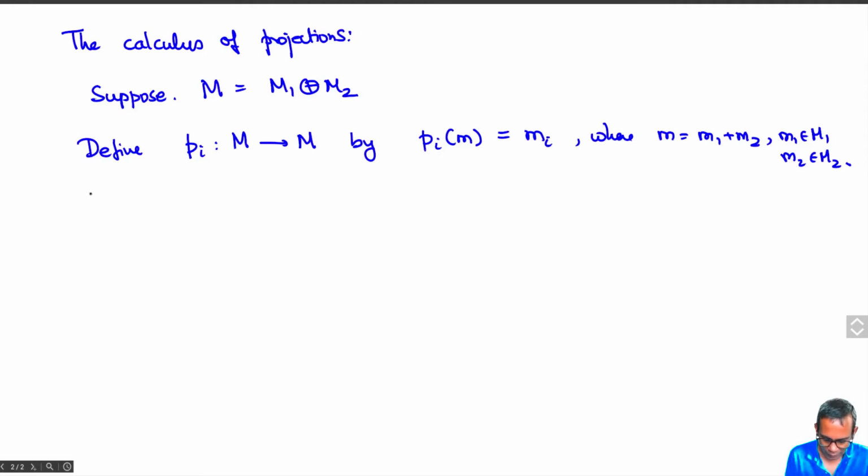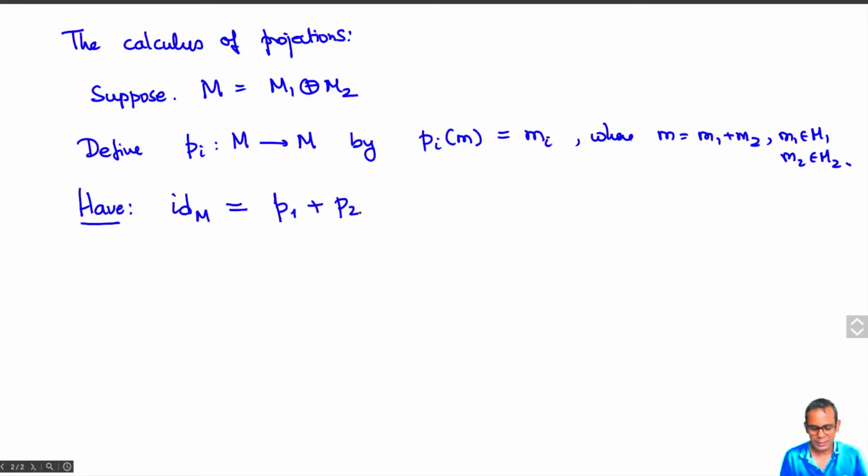Then what we have are the following properties of these things. So you have the identity map of M, it goes from M to M. This is equal to P1 plus P2. That's easy to see because M is M1 plus M2. So P1 of m plus P2 of m is actually equal to m, which is the identity map applied to m.